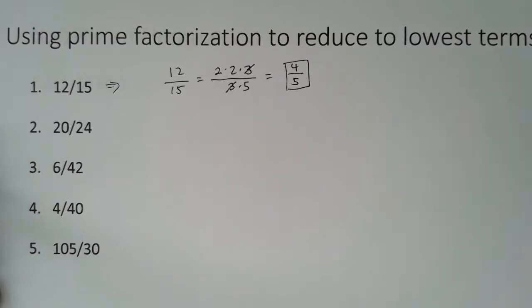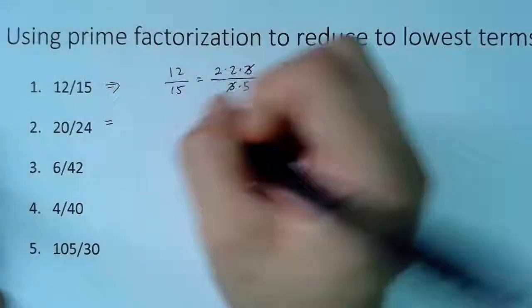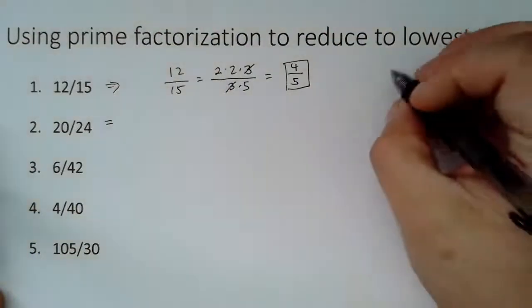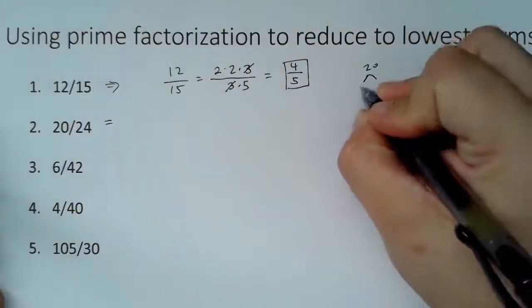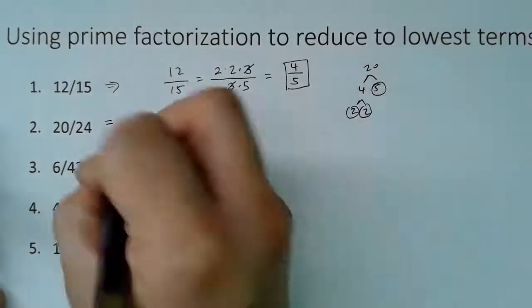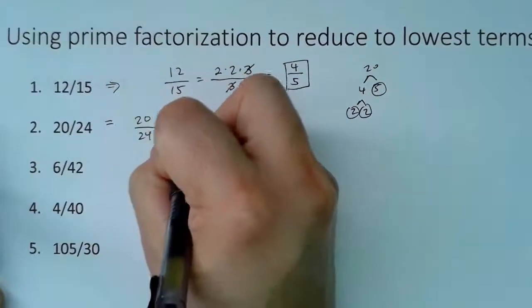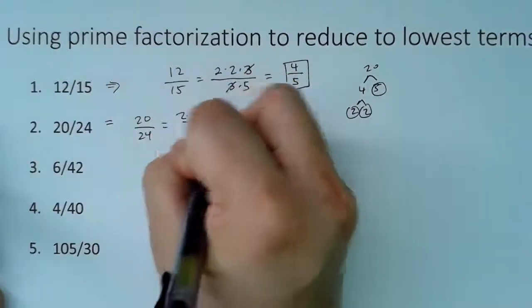The nice thing is that what you have left over will be in lowest terms because you can't reduce any further, and the way that you know that is because you used prime factorization to cancel things out. Okay, so if you want, you can go ahead and do the work on the side. 20 over 24. 20 factors into 2 times 2 times 5, right?